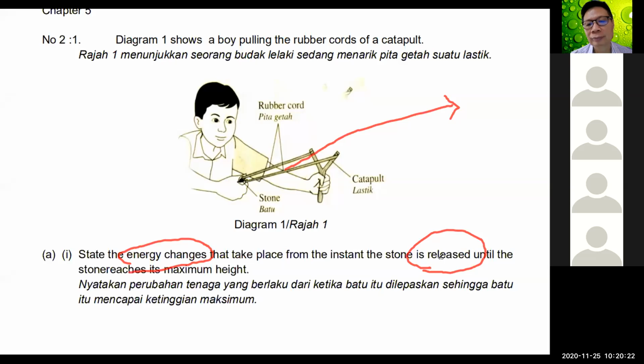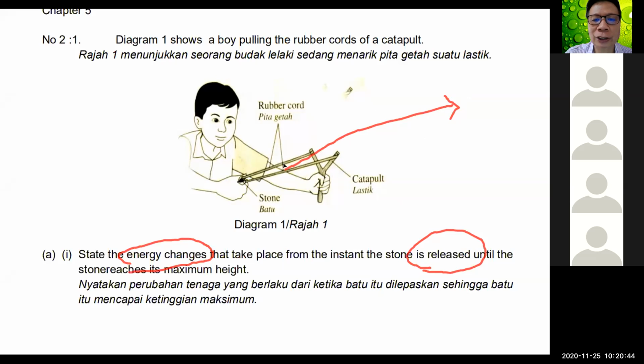Potential to kinetic, sir. When the stone is released, started from there, you know. When the stone is released, it starts with what energy there? See from here, when the stone is released, so the stone started to move, then go to the higher place.